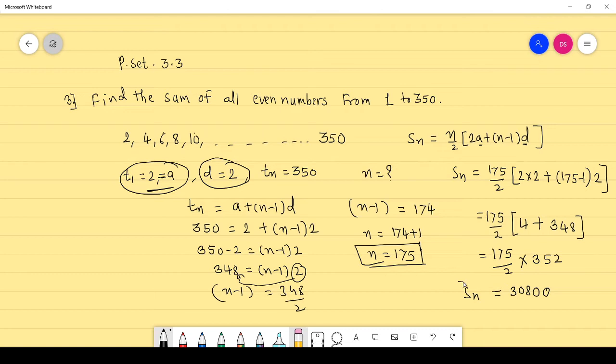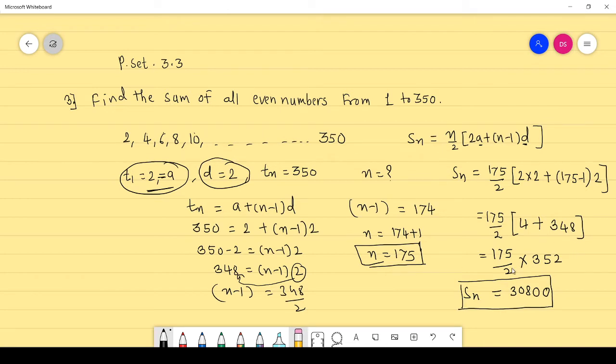So this is nothing but the addition of this term. You can quite easily simplify this, because 175 divided by 2 will be 87.5, and into 352, it will be 30800. So that is the answer.